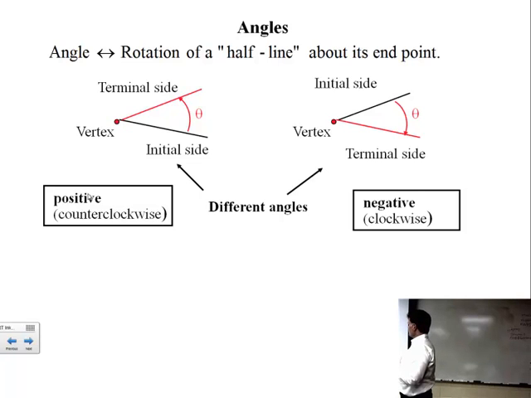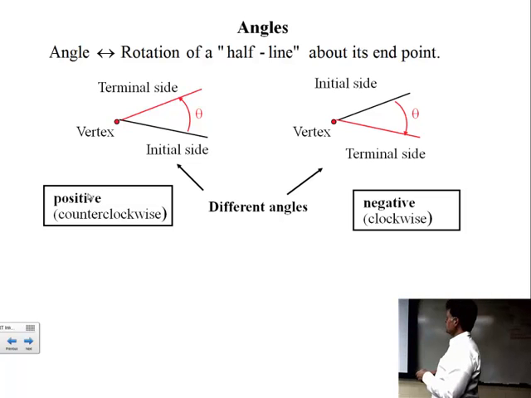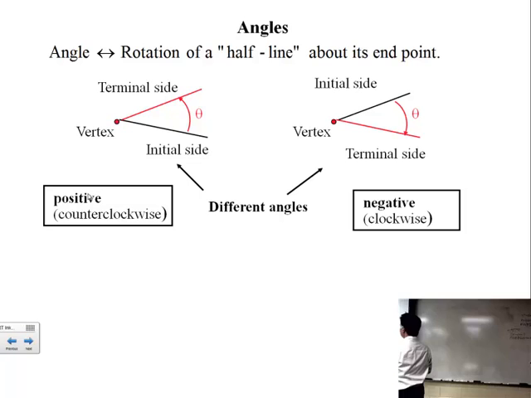So the sweep goes from an initial side in black to a terminal side in red. And the amount of rotation to get there is the angle, and we'll call this angle theta. Theta here is just some real number. Theta is a signed quantity.